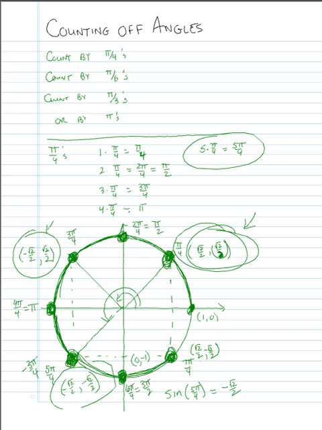And if we know sine and cosine, then we can calculate all of the other trigonometric functions. So that's what I mean by counting by pi over 4s. Let's continue this on the next page and count by pi over 3s.